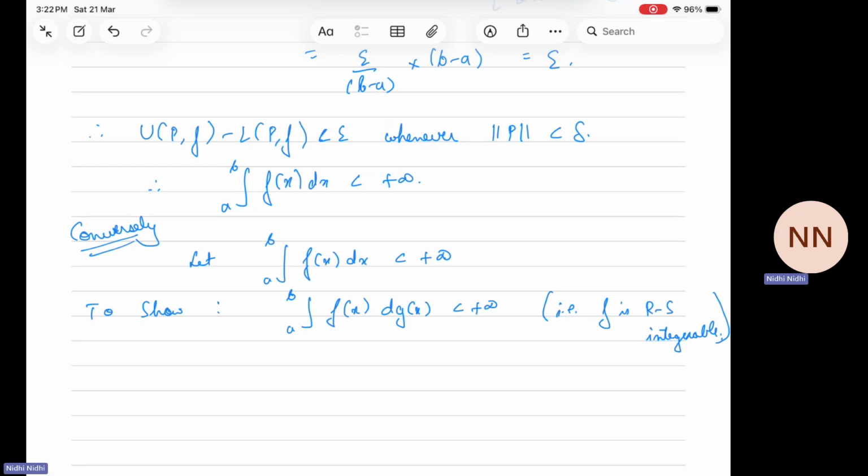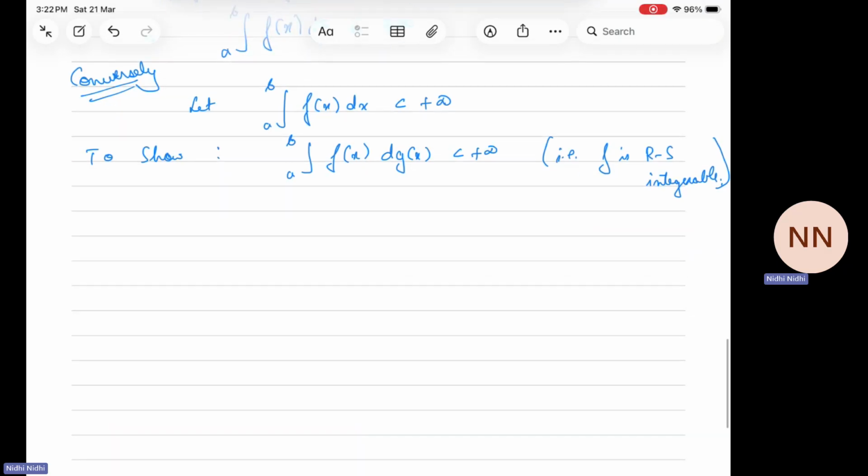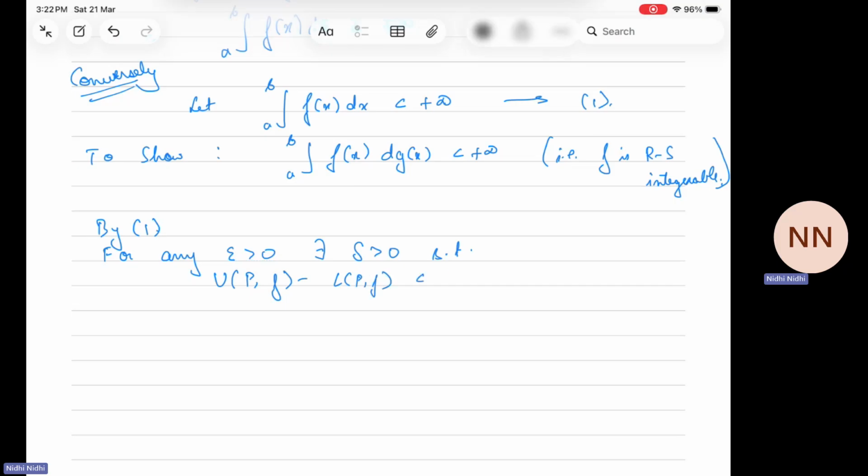Okay, so let's see how we will prove that. Now, since this is Riemann integrable, by the first part again, for any epsilon positive, there exists delta positive such that UPF minus LPF is less than epsilon whenever norm P is less than delta.